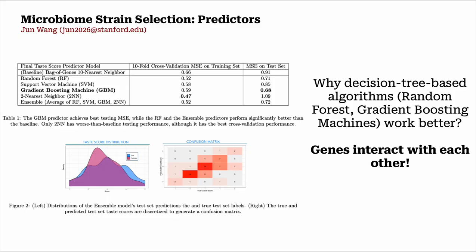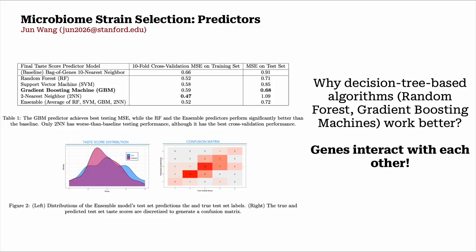Because we do not really have a lot of data in this project, I decided to use some relatively simple predictors, because we only have roughly 200, a little bit more than 200 strains. That might not be nearly enough data for deep learning based approaches. I tried a few different machine learning algorithms for the prediction tasks.